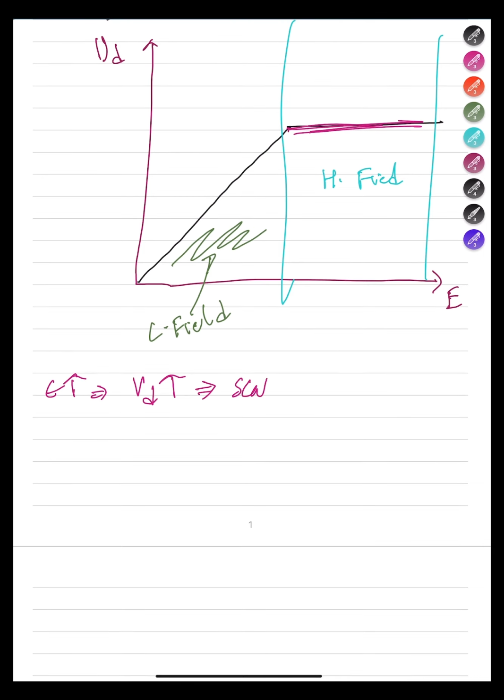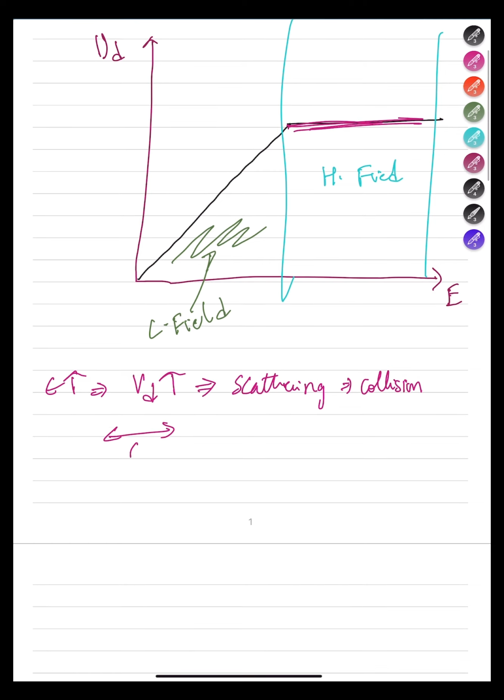Because of that, there are more collisions, and because of that, energy is lost. The energy gained from the electric field is dissipated in terms of phonons. Phonons are nothing but atomic vibrations.